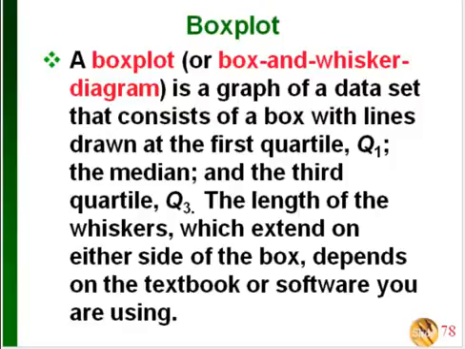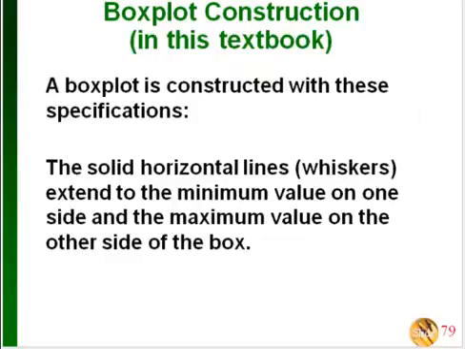Those are what goes in the box. And then the whiskers, which are the little lines that go on either side of the box, the length of those depends on which textbook or which software you're using. In this book, the whiskers go all the way to the minimum value on one side and the maximum value on the other side. So here's an example of a box plot.